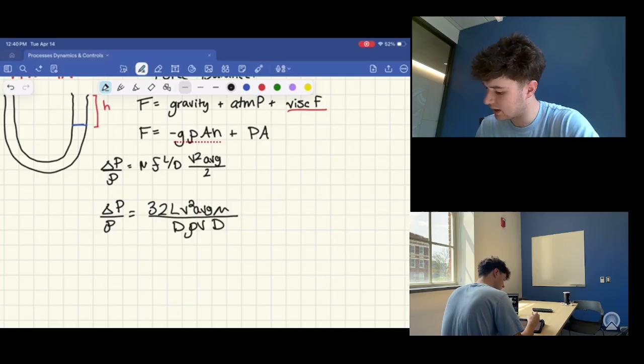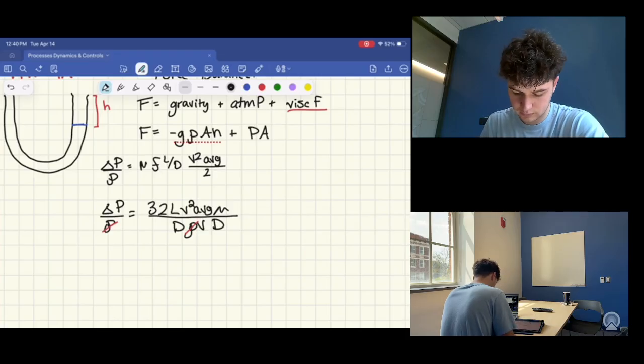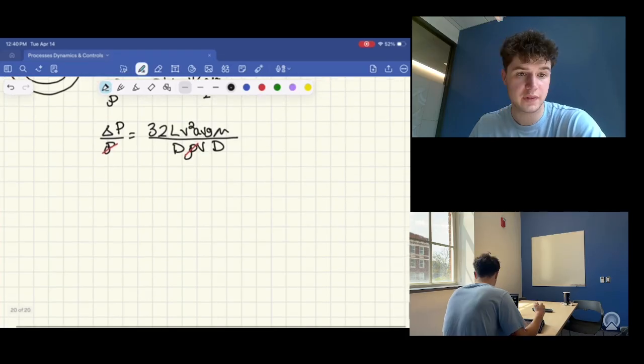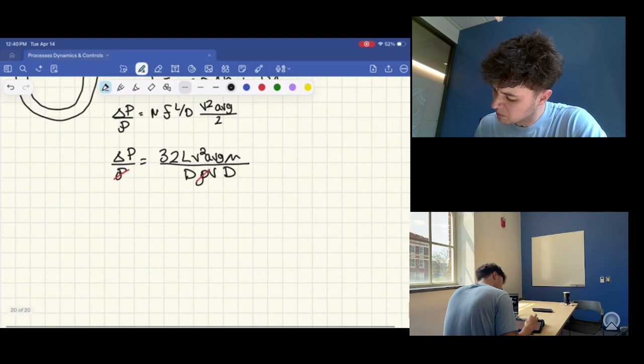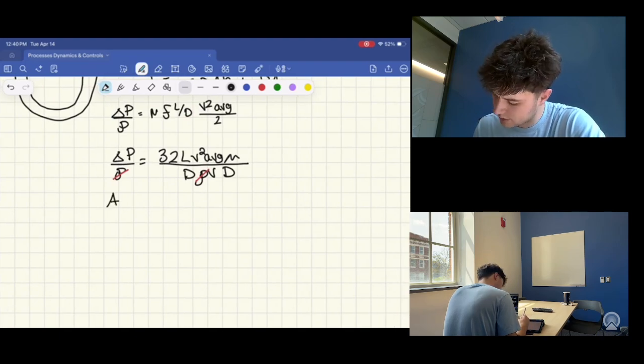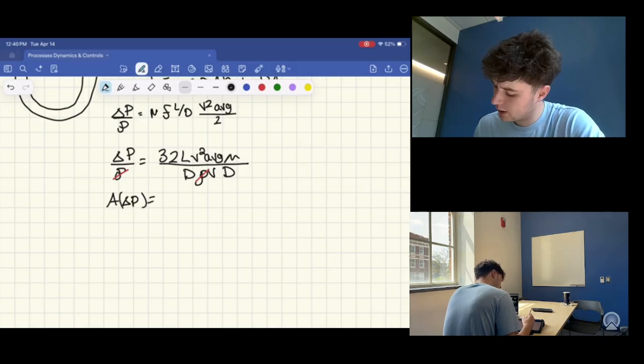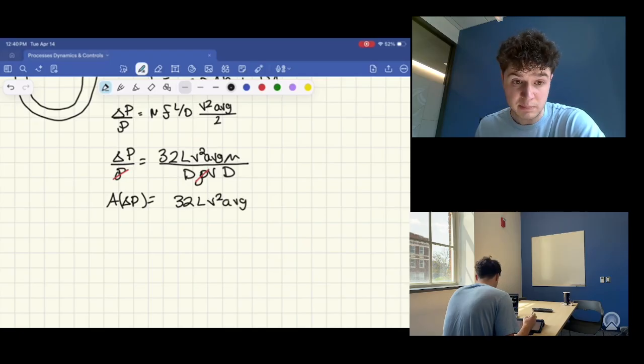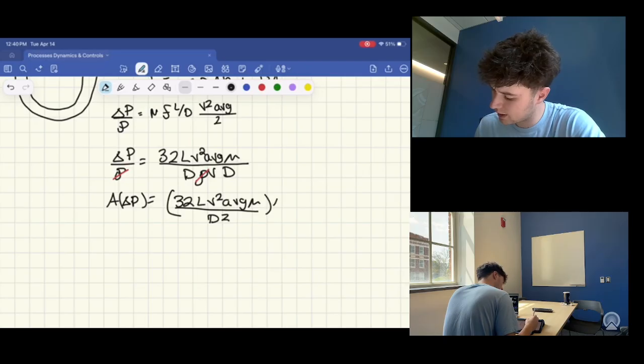And now you can cancel out these rhos, sorry, my allergies. And you can get the equation even more down to area times delta P is equal to 32 length v squared avg mu over d squared all multiplied by area.